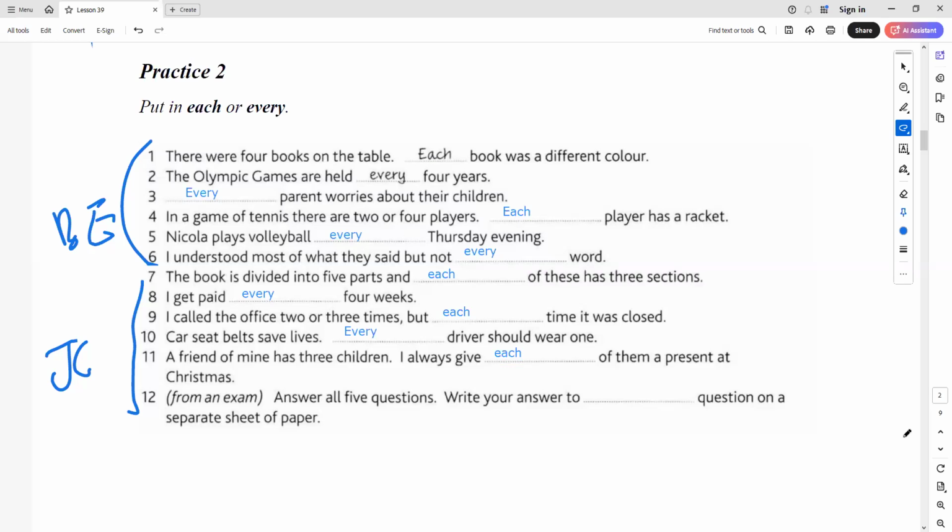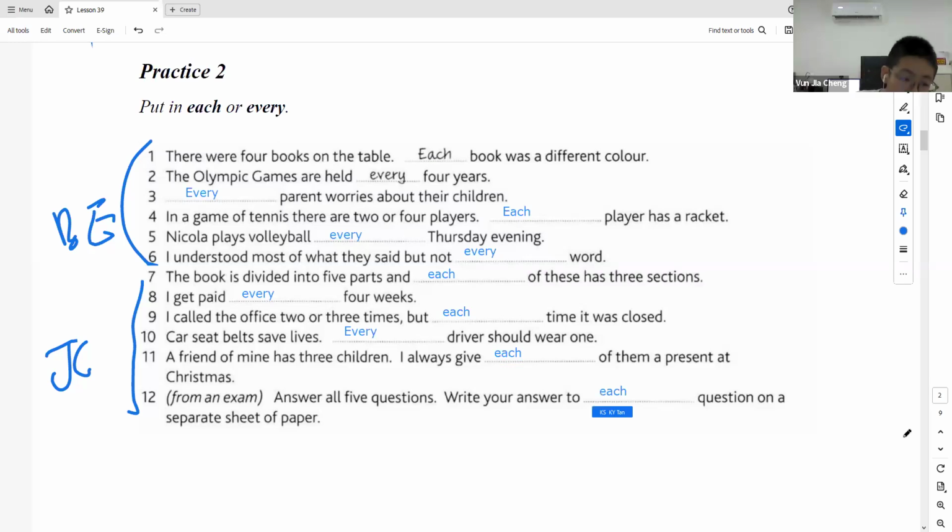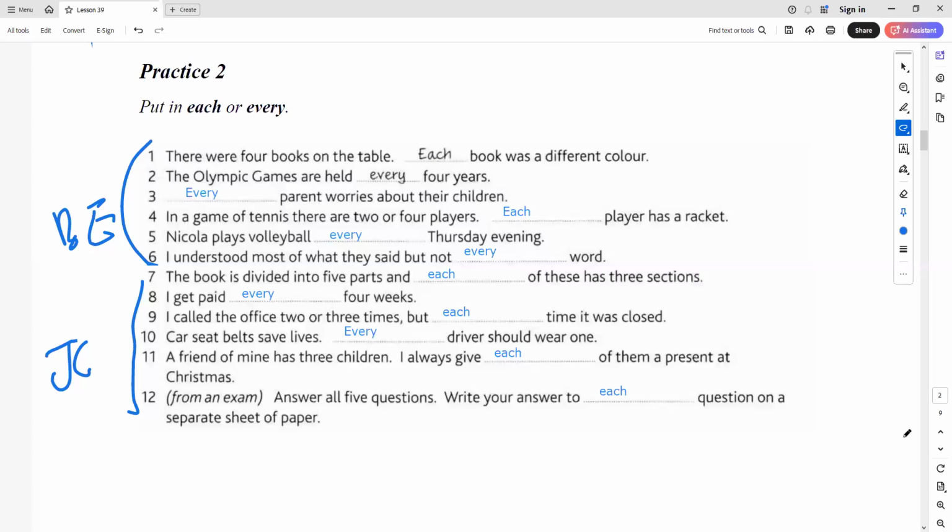12. For an exam, answer all 5 questions. Write your answer to each question on a separate sheet of paper. Yes, very good. Write your answers to each question on a separate sheet of paper.